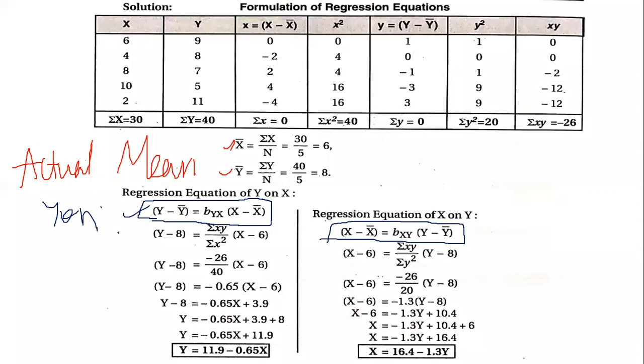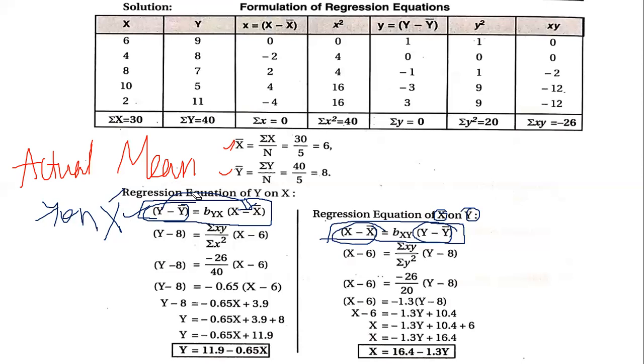How do I remember y on x? First, there is y. And then next is x. So, y on x. Fine. Now, coming to x on y, first there is x. Next there is y. That is how it will be easy for you to remember.